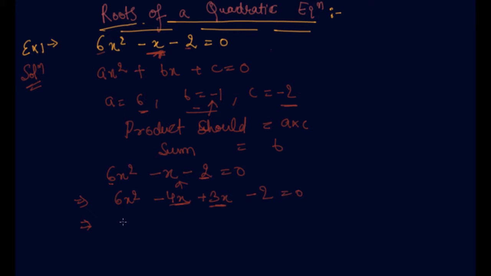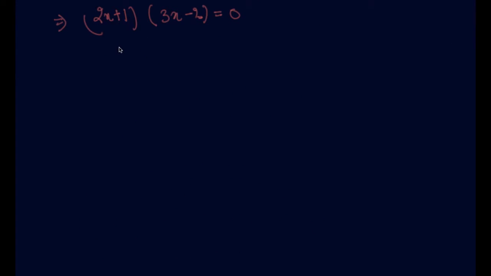You can take common 2x, so we will get 3x minus 2 plus 1 here, common 3x minus 2. Okay, so we will get 2x plus 1 multiplied by 3x minus 2 equals 0. So we can solve it separately.